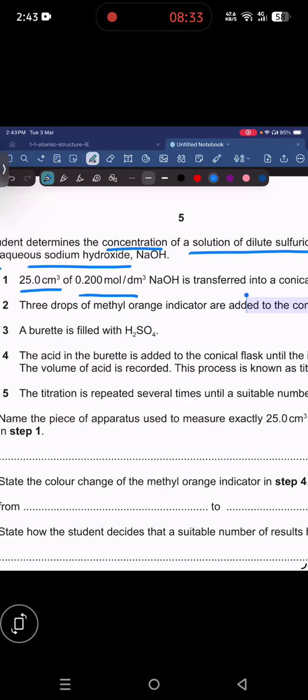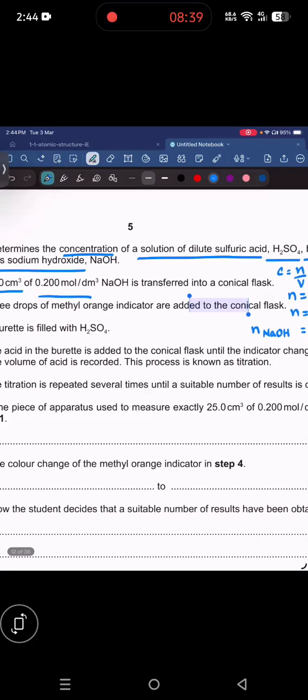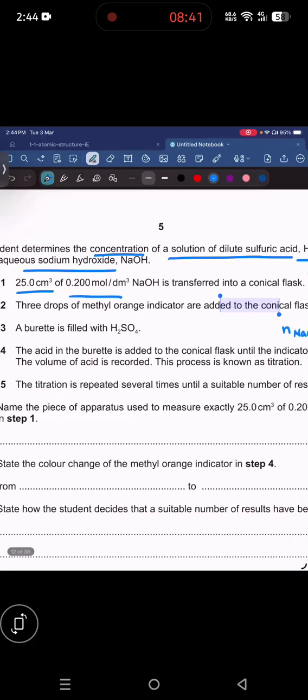Now, 3 drops of methyl orange indicator are added in the conical flask. What color is the methyl orange in the conical flask? Is it yellow or red? Yellow color. Very good. Now, our burette is filled with the sulfuric acid.